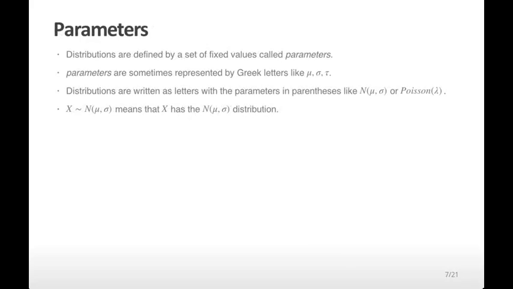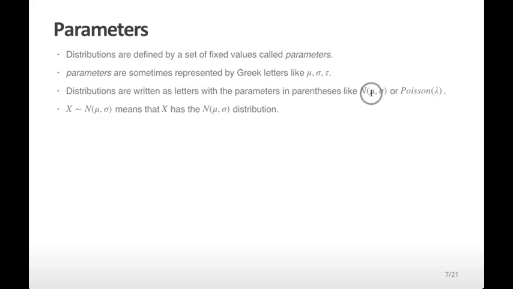To understand distributions, or to describe them completely, we need a set of parameters. Parameters, for our purposes, will be considered to be fixed values that exist in either the population or under some assumptions. Parameters are sometimes represented by Greek letters like mu, sigma, or tau. Distributions are written as letters with the parameters in parentheses, like so.